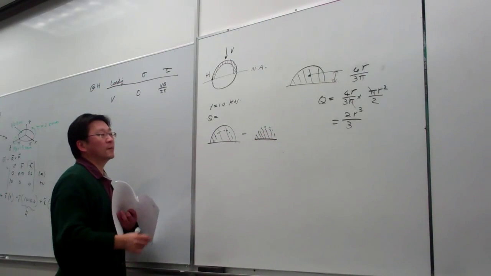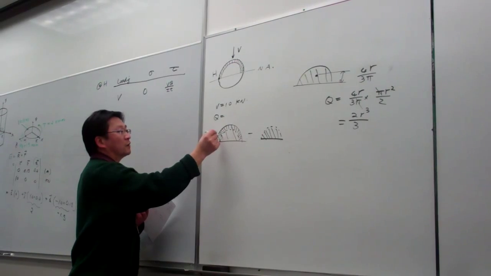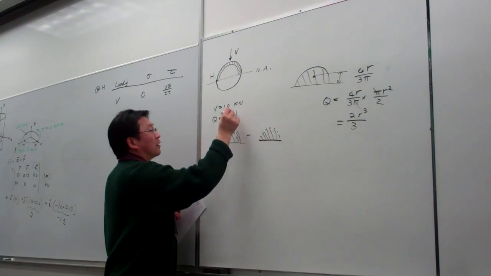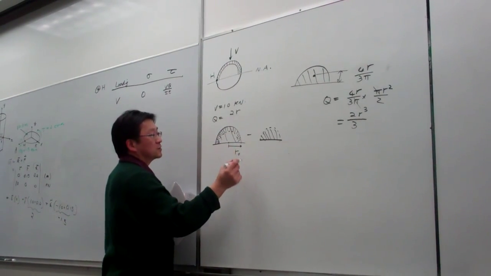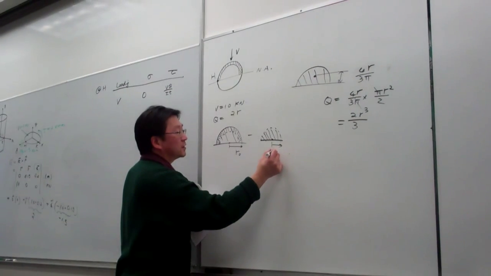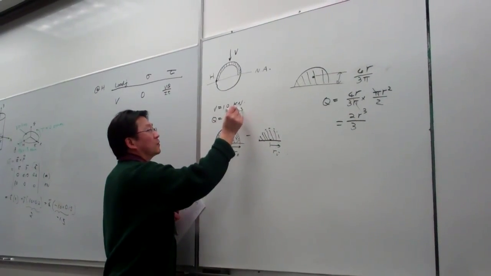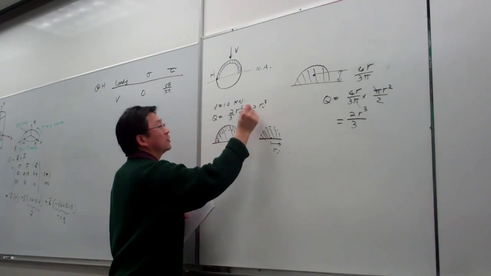Okay, we're using this because here we are only interested in the outer ring. Let me call the outer radius r, and the inner radius ri. So that would be 2r cubed over 3 minus 2 ri cubed over 3.